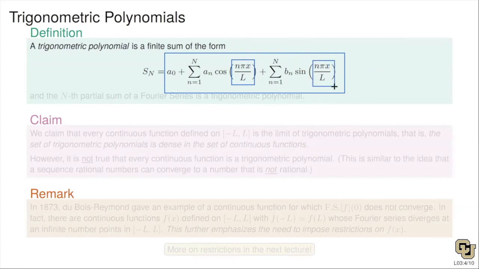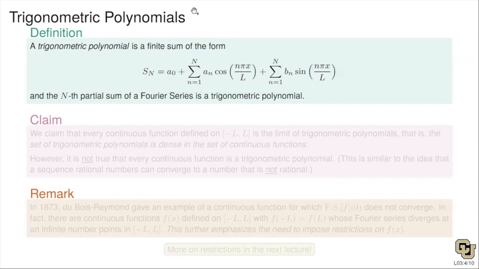So here the wave number takes the place of the power, the exponentiation, in a polynomial. So you can think of this as the Nth partial sum of a Fourier series. That is to say, if we send capital N to infinity, then we get what we call a Fourier series.